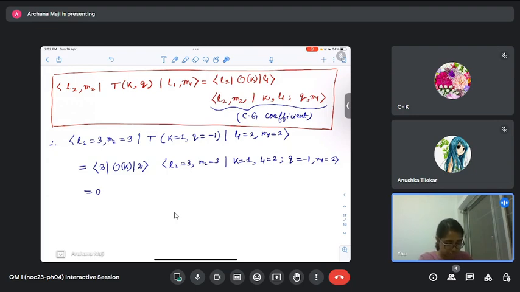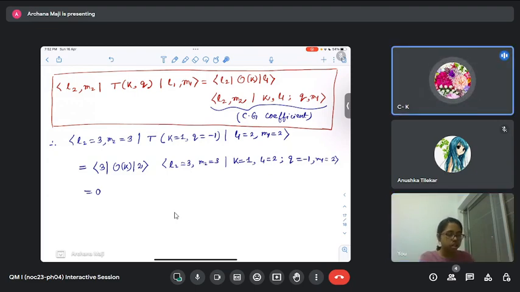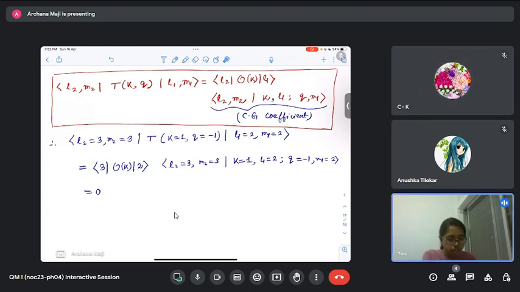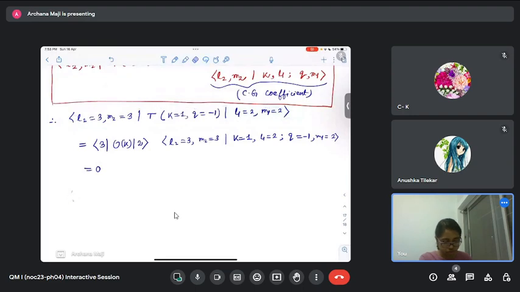I hope it's clear. Now if I evaluate this term, can you explain once again, madam, why it is 0? Because M1 is not equal to M1 plus M2. Can you see that?